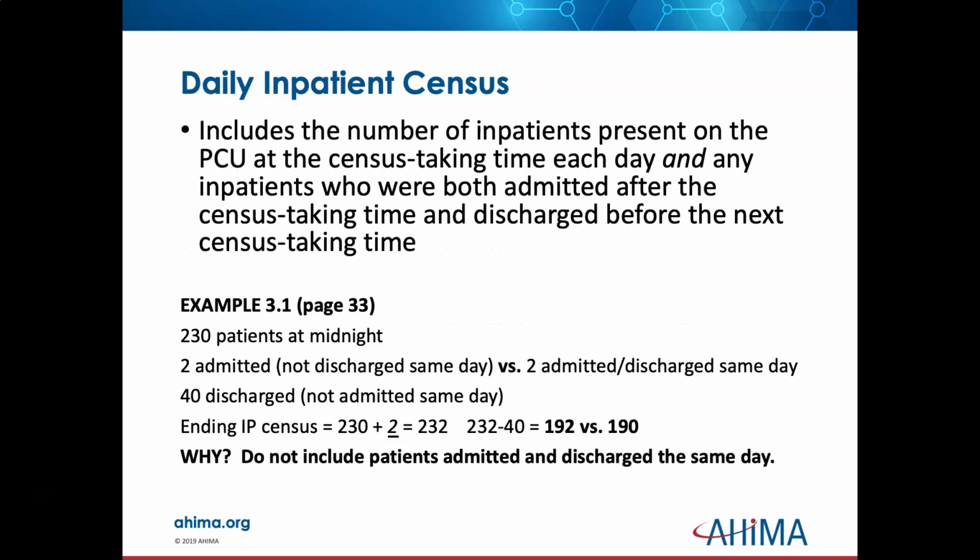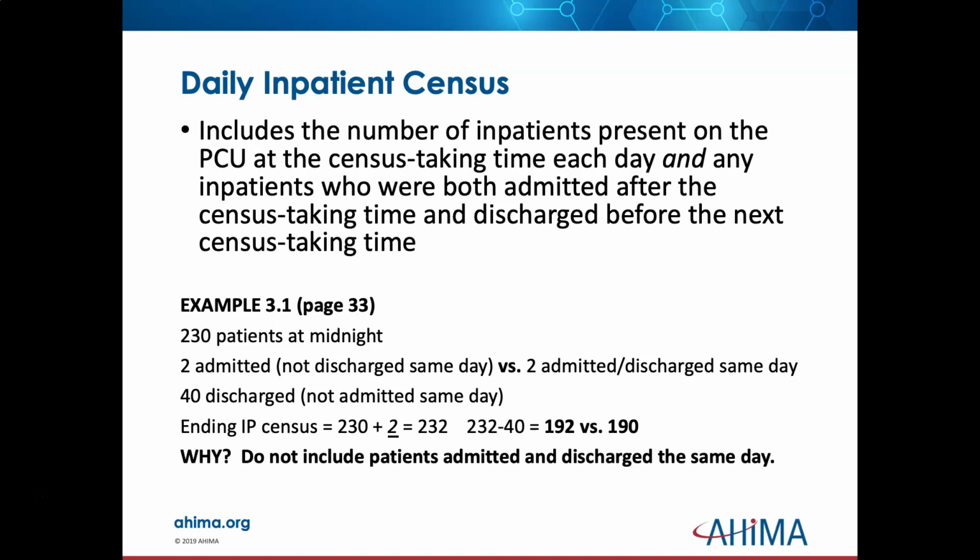Daily inpatient census. This is the number of inpatients present on the patient care unit at the census taking time each day, and any inpatients that were both admitted after census taking time and discharged before the next census taking time. So let's unpack that with an example. If you turn to page 33 in your book, there is example 3.1.